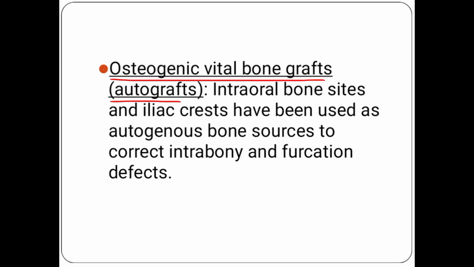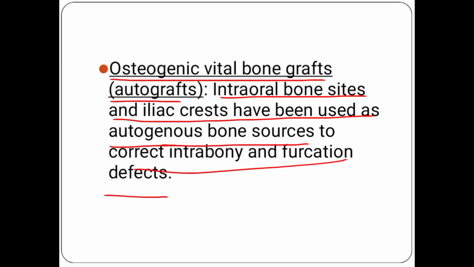Intraoral bone sites and iliac crest have been used as autogenous bone sources. An autogenous bone source is the same as an autograft, derived from a donor site of the same individual and placed on another site. Autografts are used to correct intrabony defects, meaning defects inside the bone, or furcation defects.